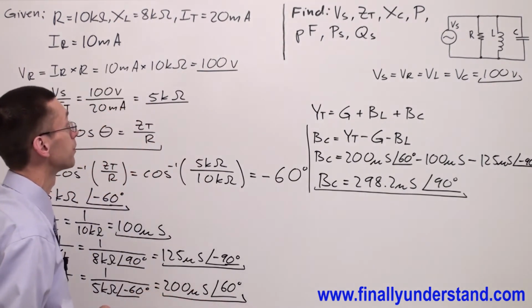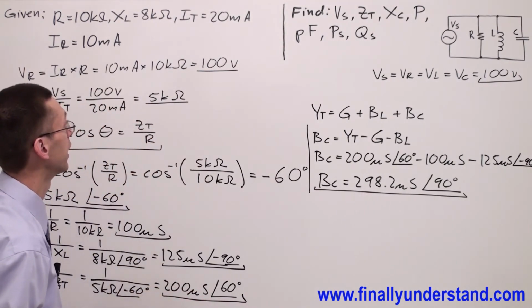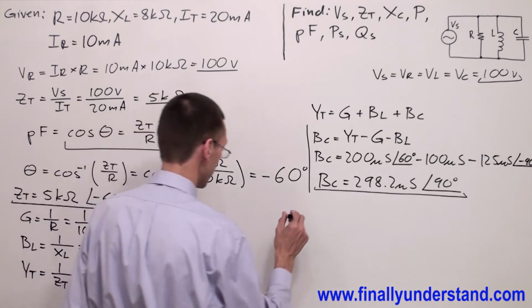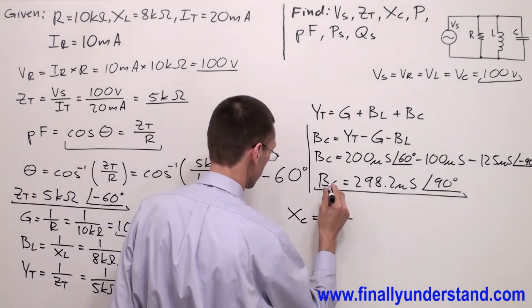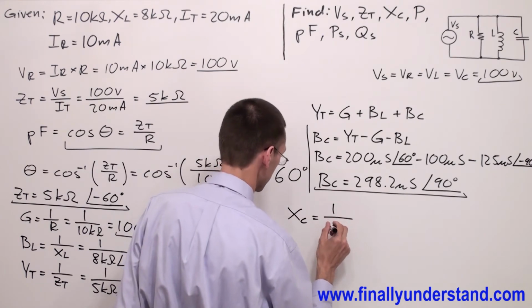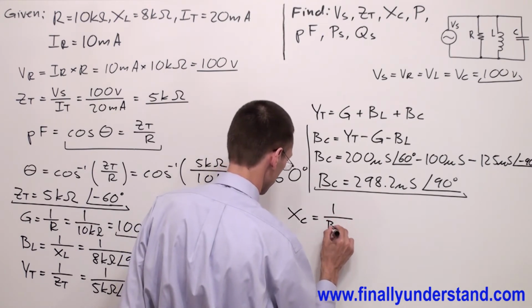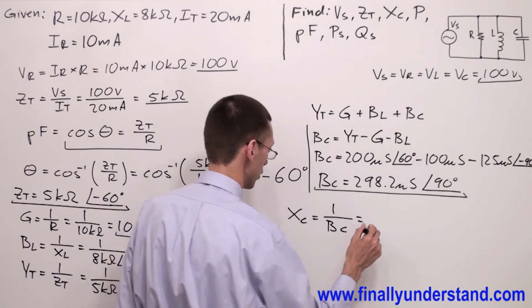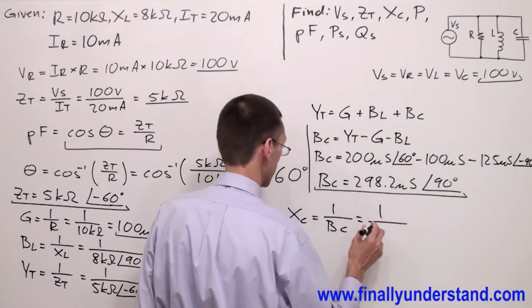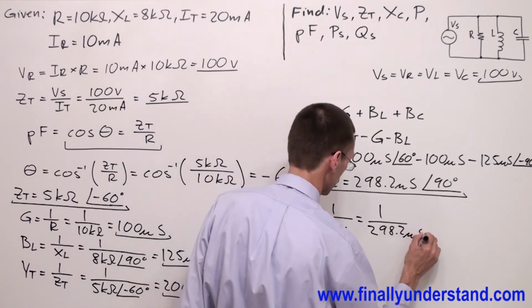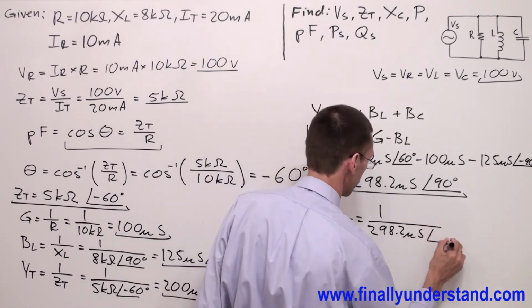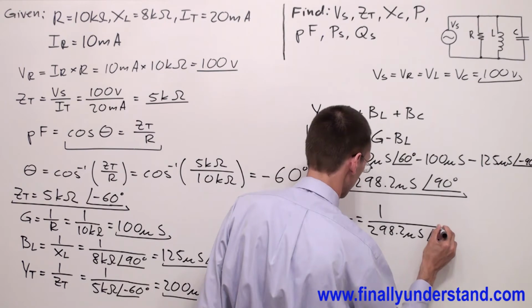So next we're supposed to find X of C. X of C is nothing else, just the reciprocal of the capacitive susceptance, BC, right? So I have 1 divided by 298.2 microsiemens and angle of 90 degrees.